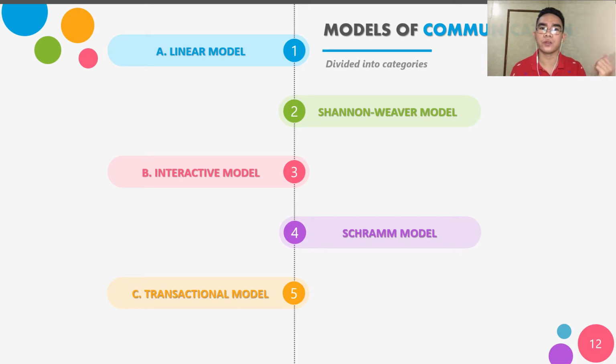I'm not so sure what year it was created, but the Dance helical model forms like a hurricane, starting from a little dot or a period and going through bigger and bigger, because he believes that communication changes over time. Anyway, we will just focus on these communication models, so we will continue with it right now.